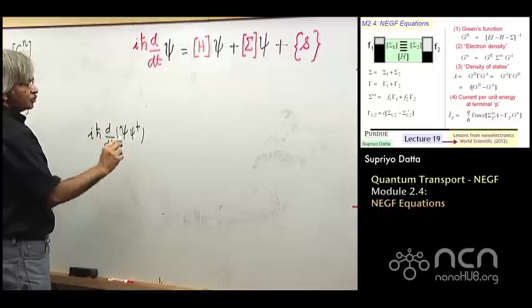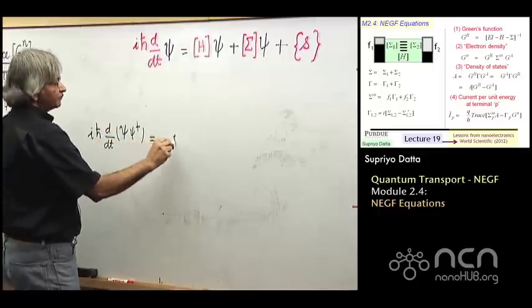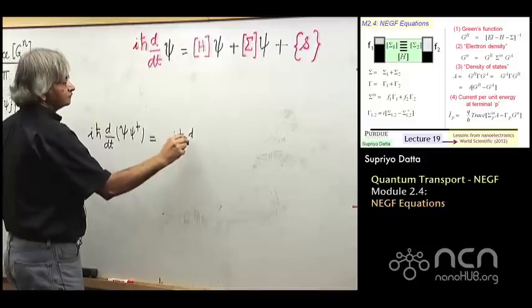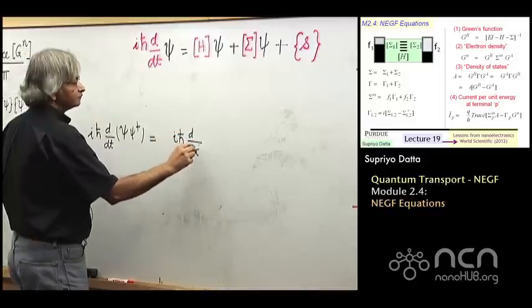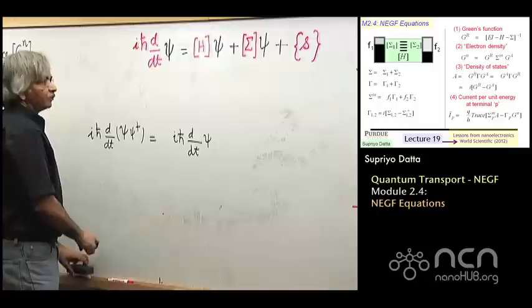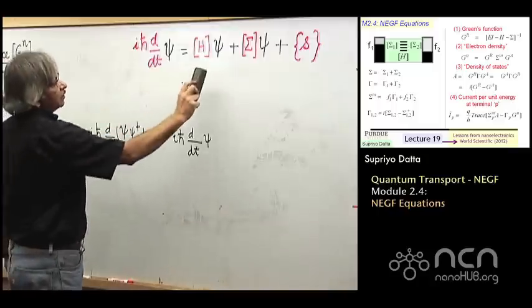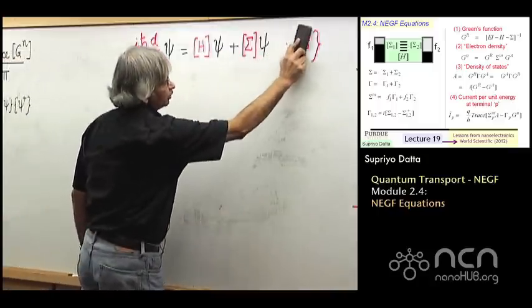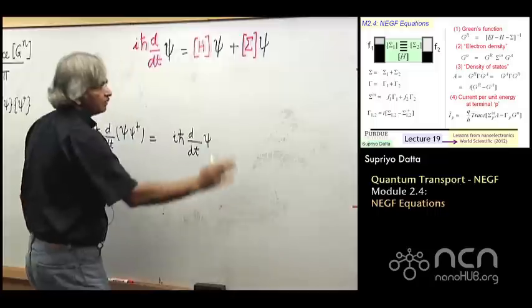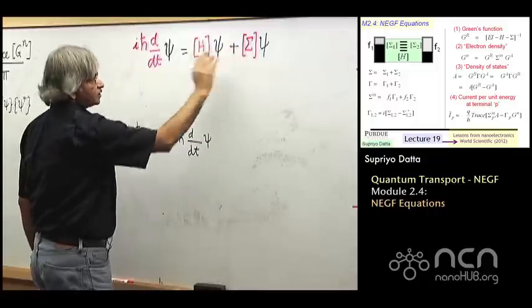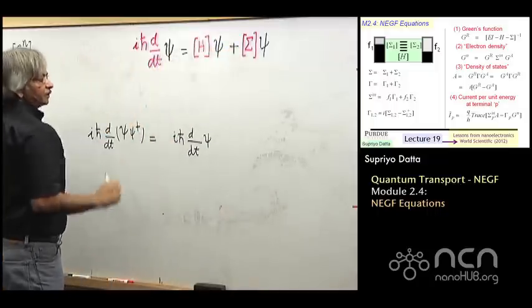And once again, if you use the chain rule, you'd get something like this. By the way, I'm doing this without including the source term for the moment. For the source term, we'll talk separately. Let's just do it without it first.